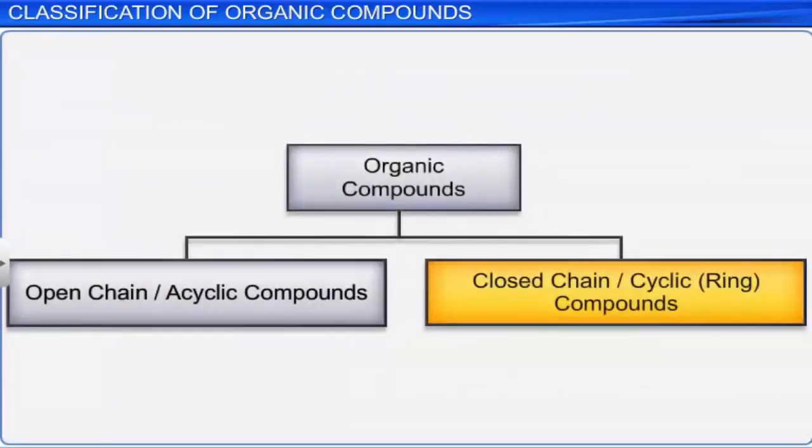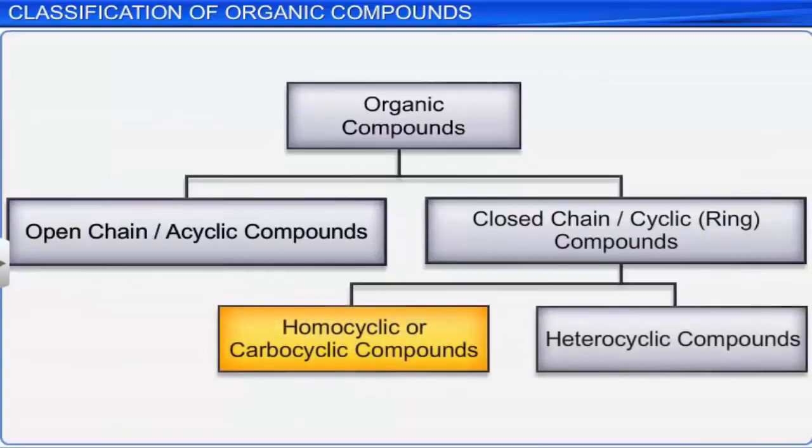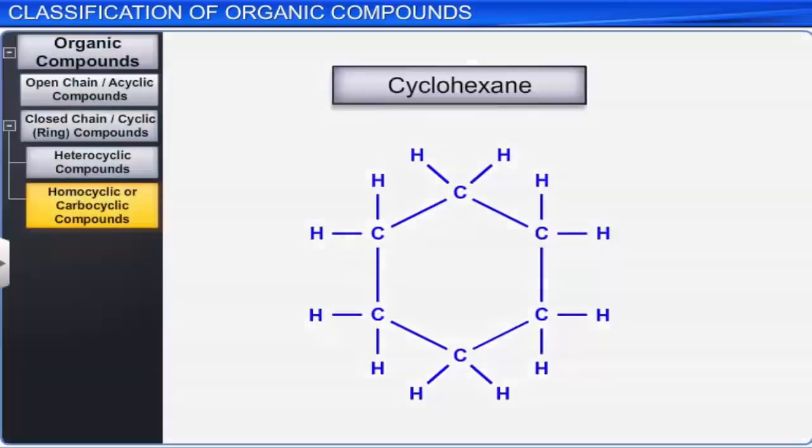Cyclic compounds can be further classified as homocyclic or carbocyclic compounds and heterocyclic compounds. The word homo means same. Thus, homocyclic or carbocyclic compounds are those in which the ring consists of only carbon atoms. For example, in cyclohexane, the ring consists of only carbon atoms.